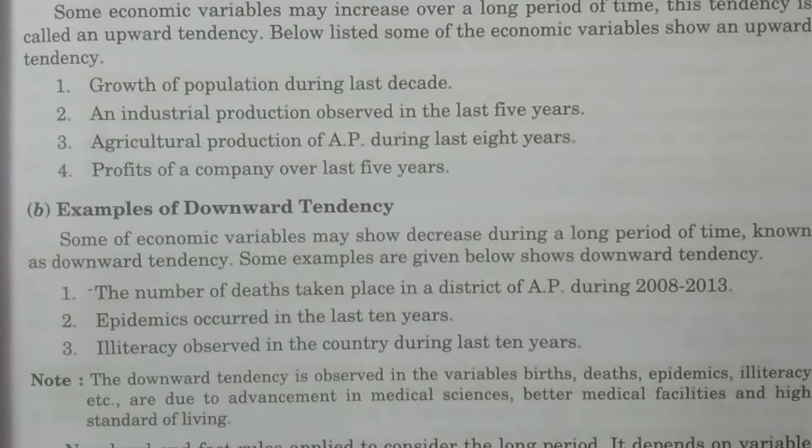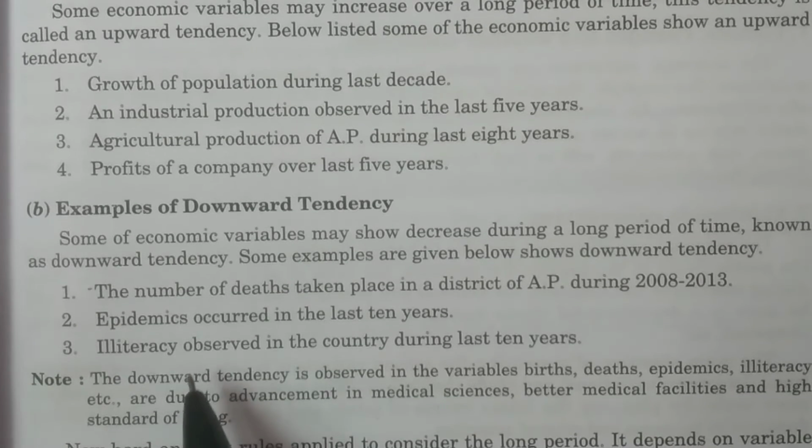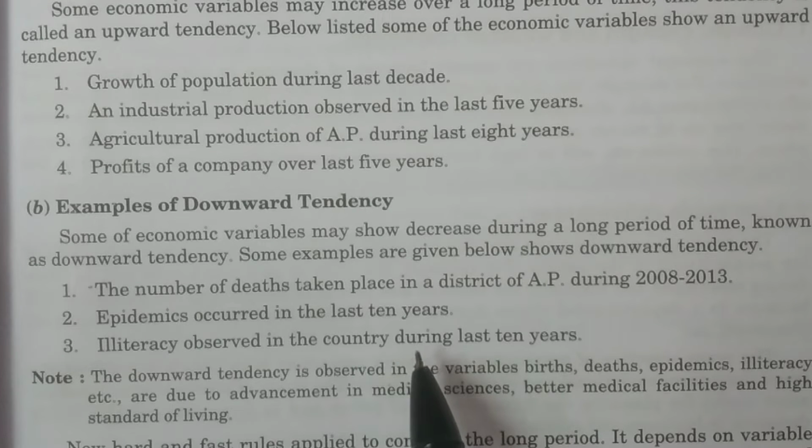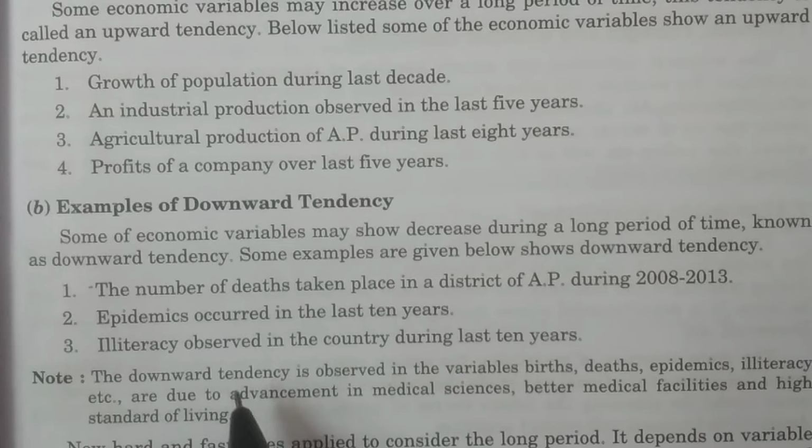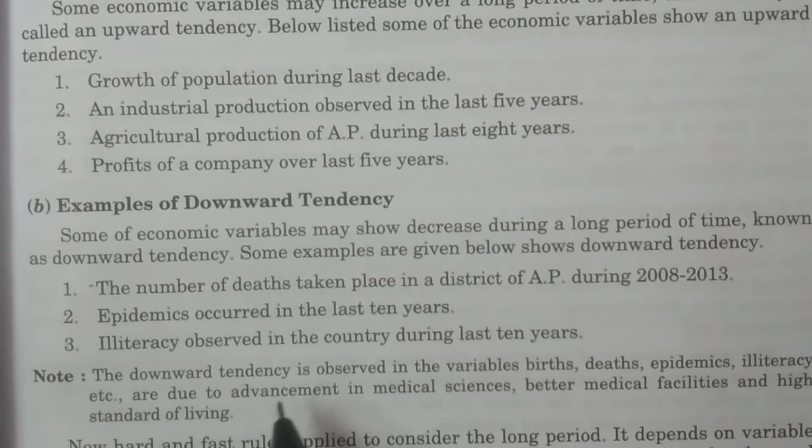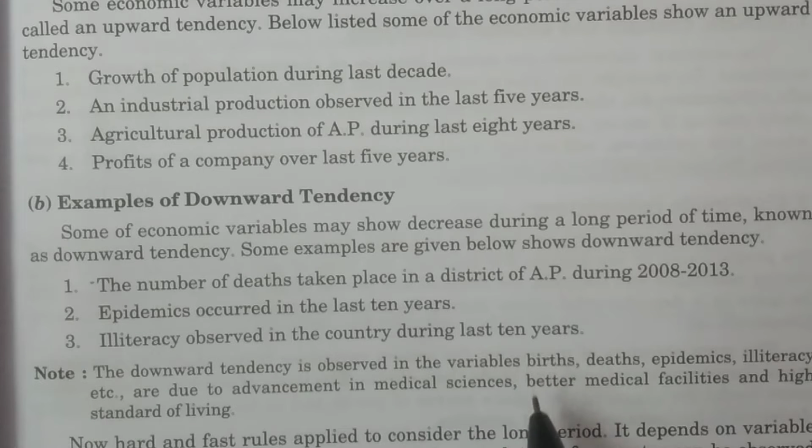Obviously, if you take more health precautions, it's going to decrease. Epidemics occurring in the last 10 years. It is also showing the downward tendency. Illiteracy observed in the country during the last 10 years or 20 years or so. So it also looks to be a downward tendency.